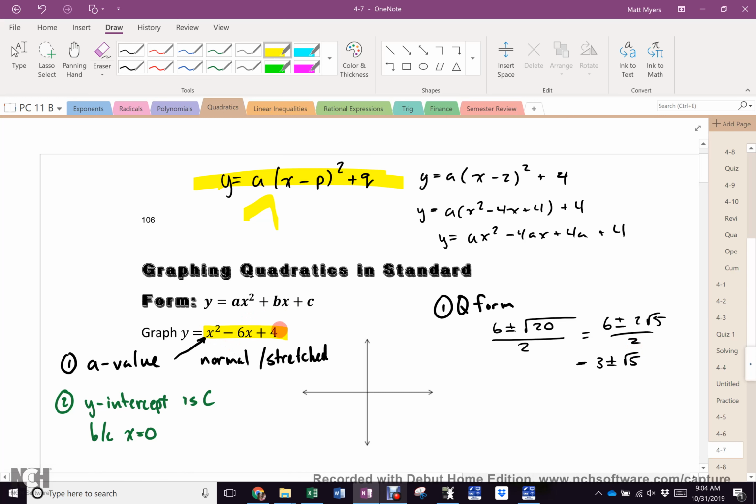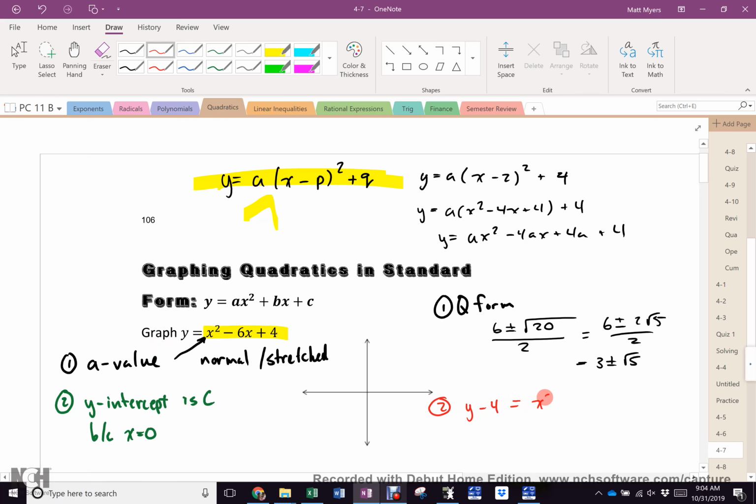Does it factor? Are there factors of 4 that add to 6? What? We could complete the square. You? Let's watch. y minus 4, because I want that 4 out of there, yeah?